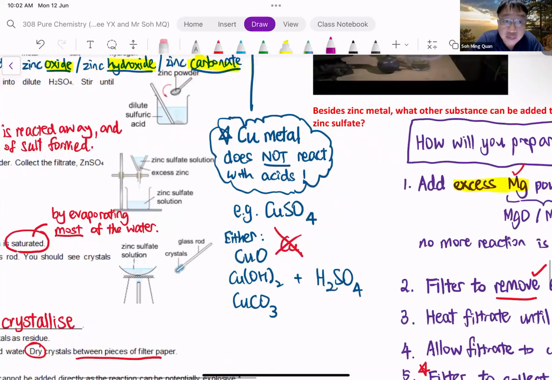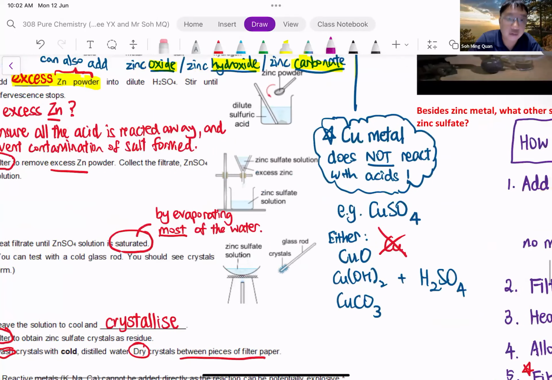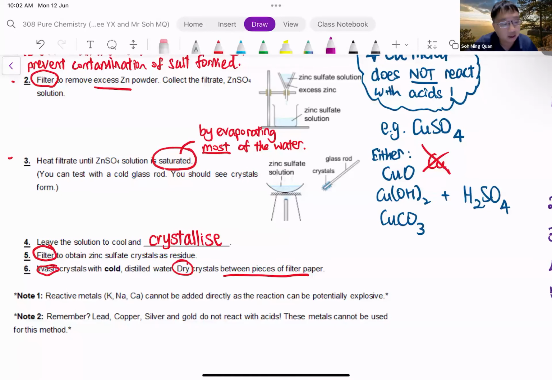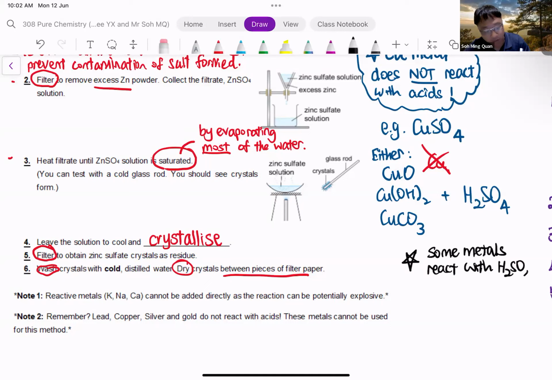Now, beyond these tricks about copper, there's another commonly tested trick, which is that some metals react with H2SO4, but the reaction stops after a short while.